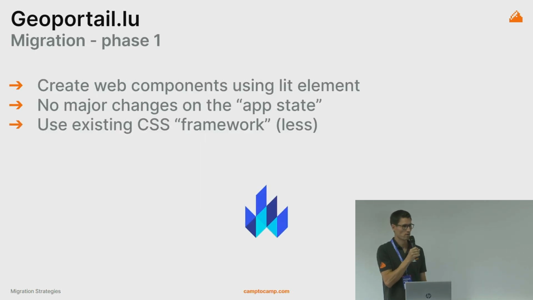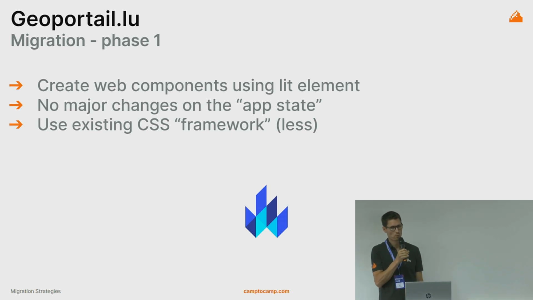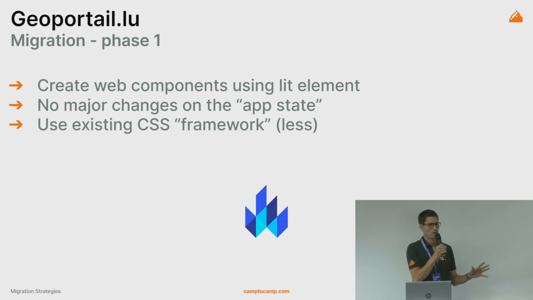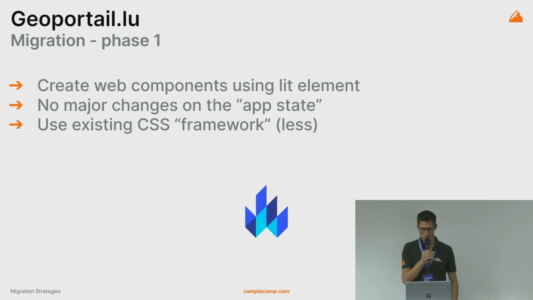Now I want to talk a little about the last year, split into 3 phases more or less. The first phase was that we migrated parts of the existing components into web components without really touching a lot of the existing app state of the AngularJS application, without touching too much of the CSS part.